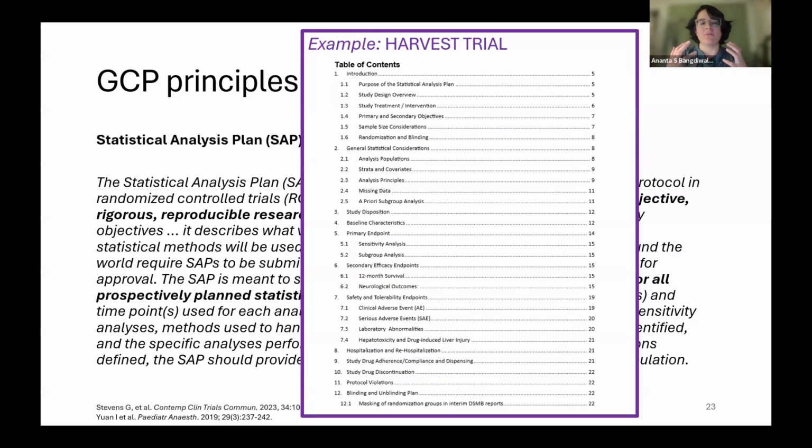And when you have a document like the protocol, like the SAP, like the DMP, you are putting all of the procedures and the processes for your trial, you're documenting it on paper in a place where everyone can reference it, and your trial can work systematically because you've got your procedures documented.